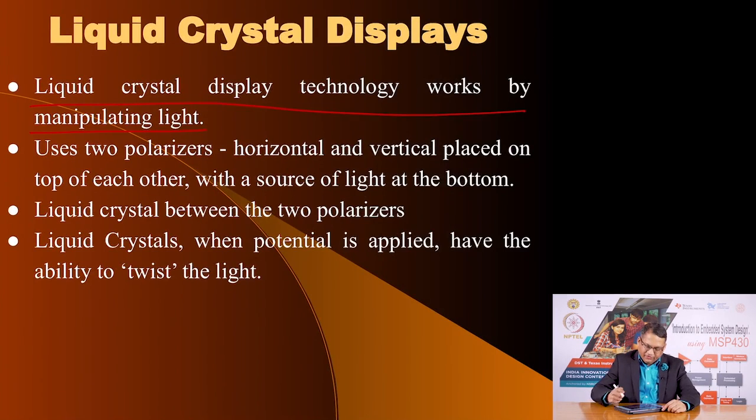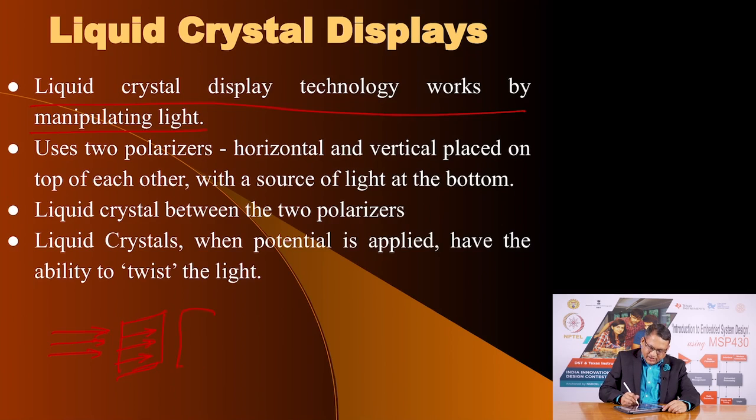What does it consist of? It consists of several layers of structures. Initially a source of light. The source of light can be ambient light as well as light from a LED source, followed by a polarizer, which polarizes the incoming light, let us say in the horizontal direction.